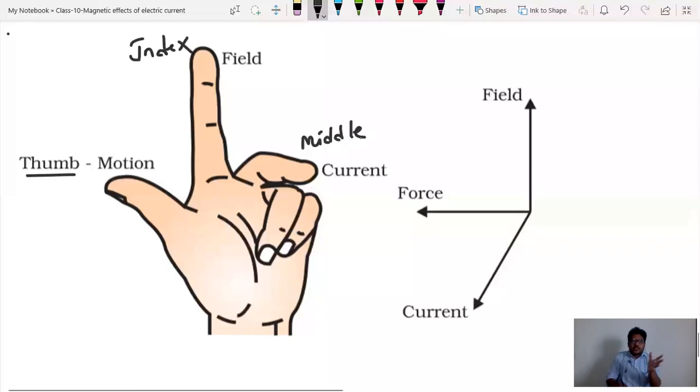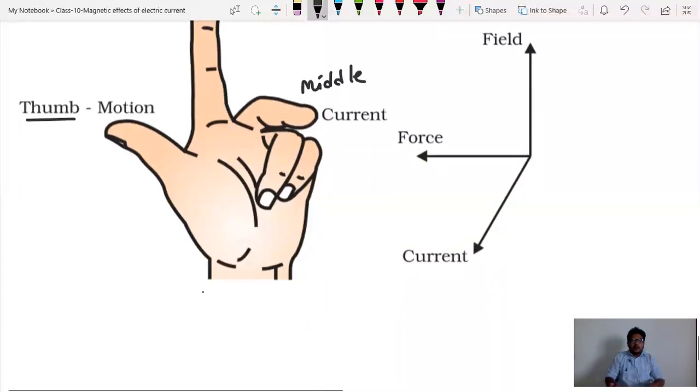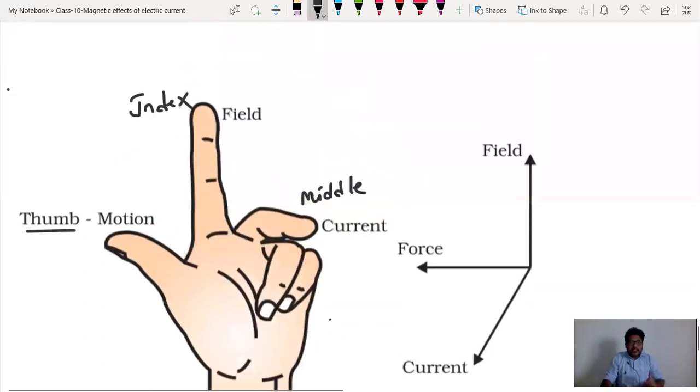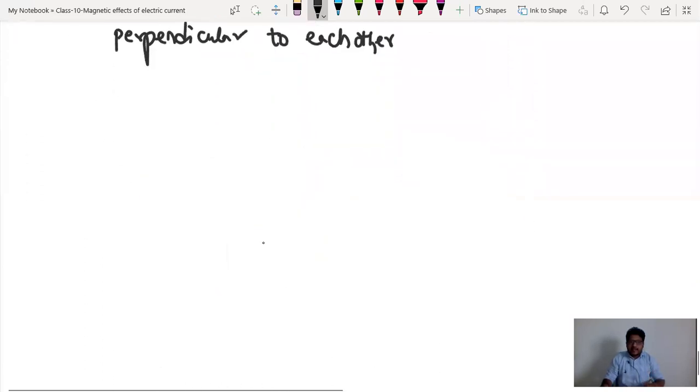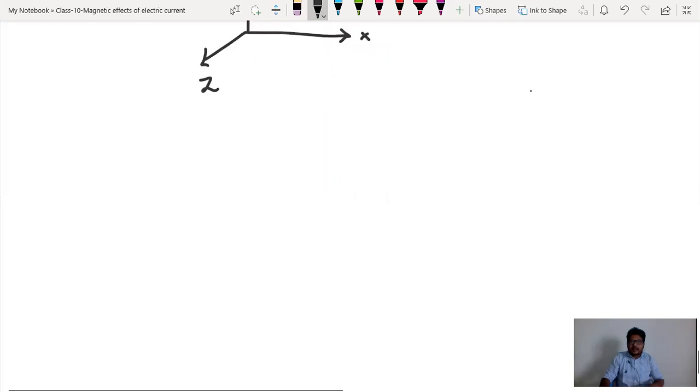So if you stretch these three fingers mutually perpendicular to each other, what is meant by perpendicular to each other? These three fingers should act as three axes: x-axis, y-axis and z-axis.